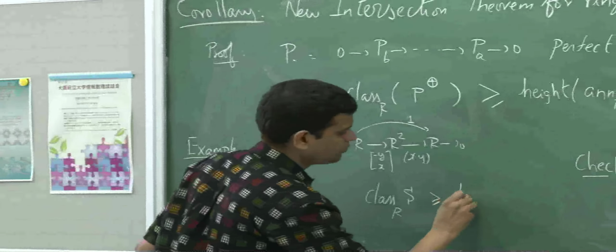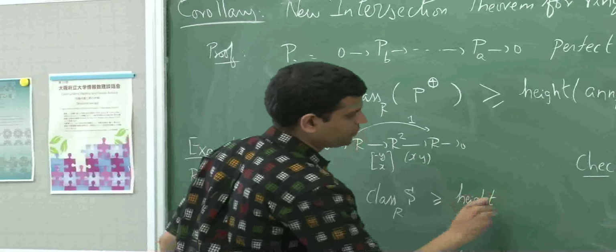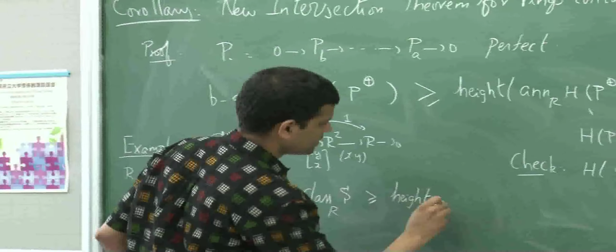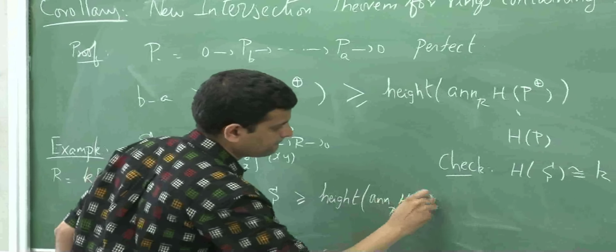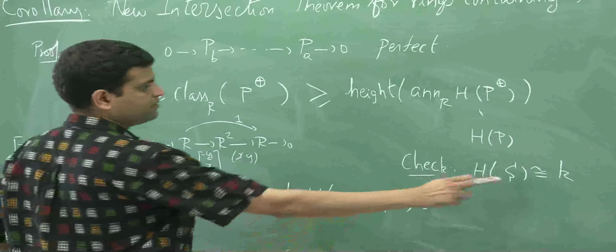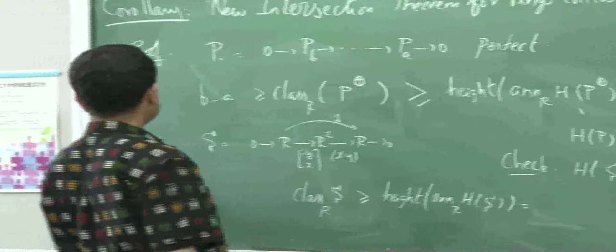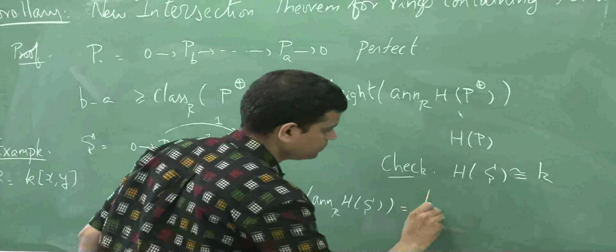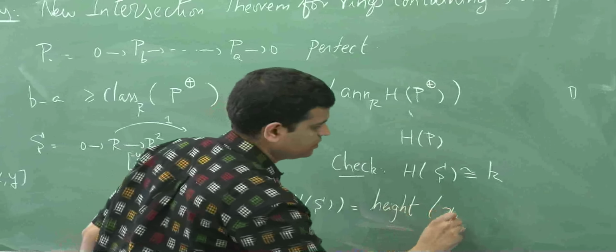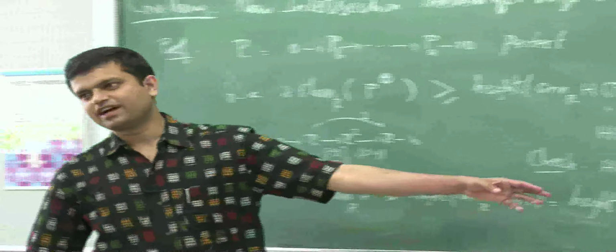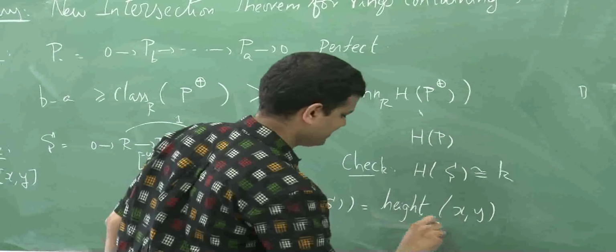So it's the height of the annihilator of S, but this is k, and the annihilator of k is (x,y). And Kiriko computed the height of this example for us yesterday on the board, for some of us anyway. That's 2.